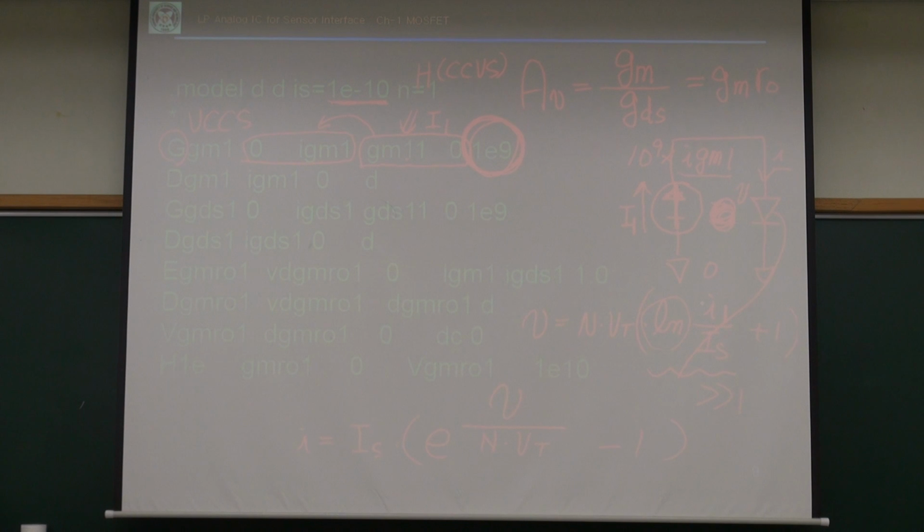Then see this voltage, this is this current. So I do a similar thing for I2 here, and this is a voltage controlled voltage source, right? This gain is 1. This is the output current, right?